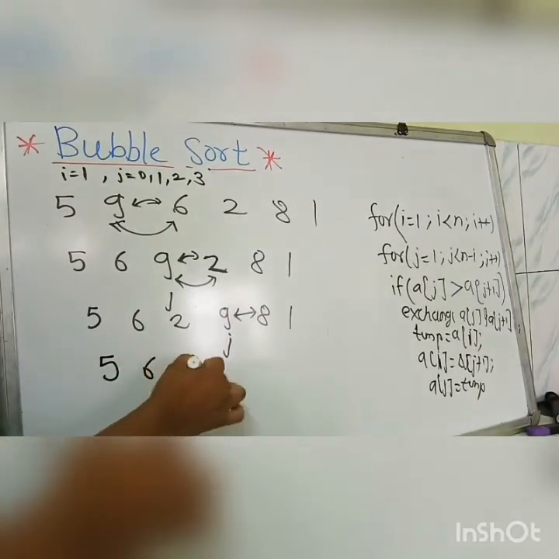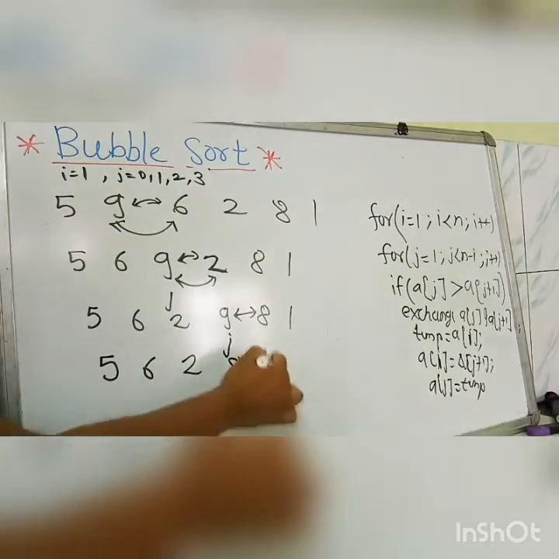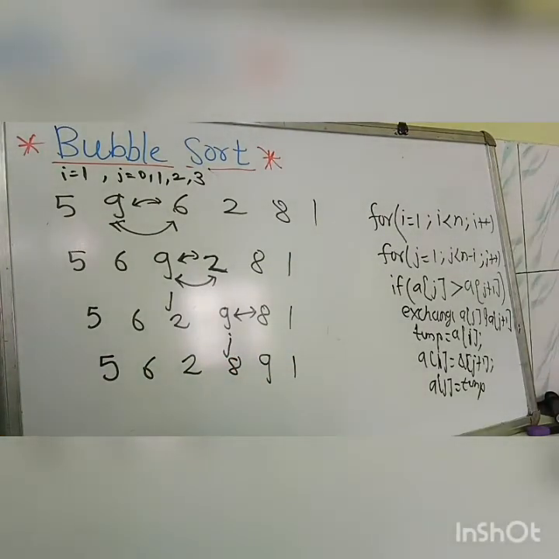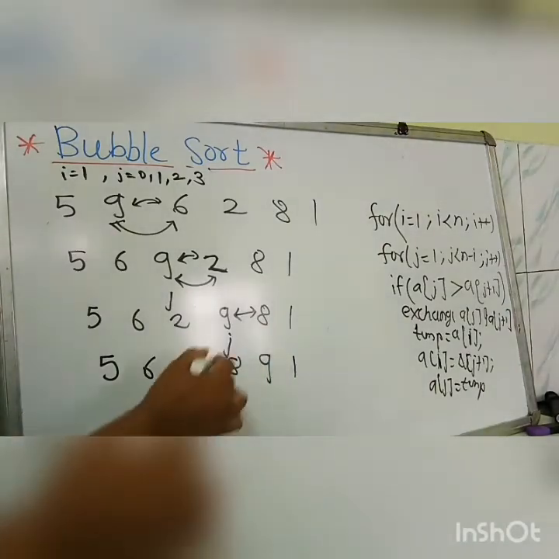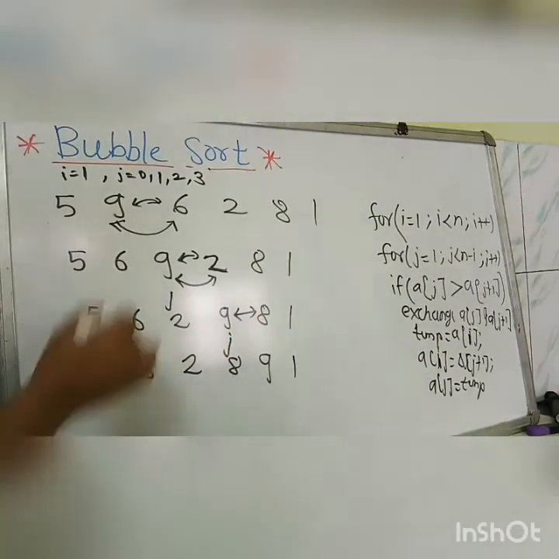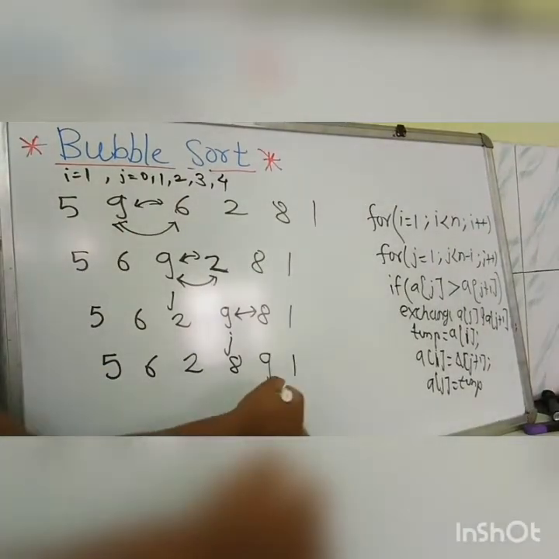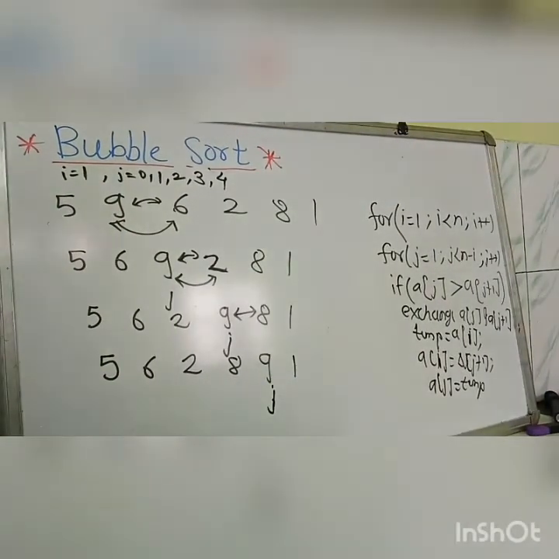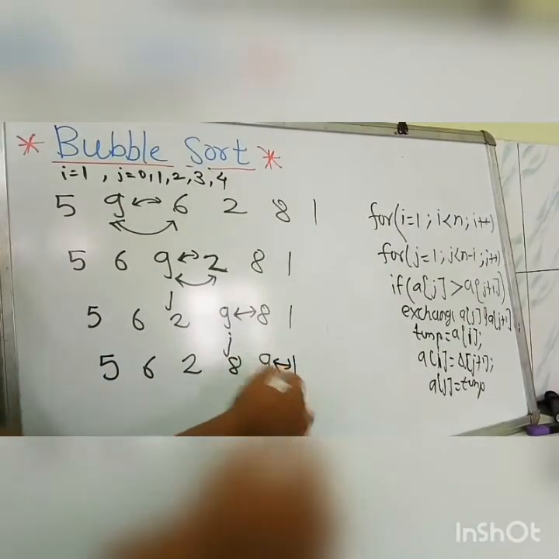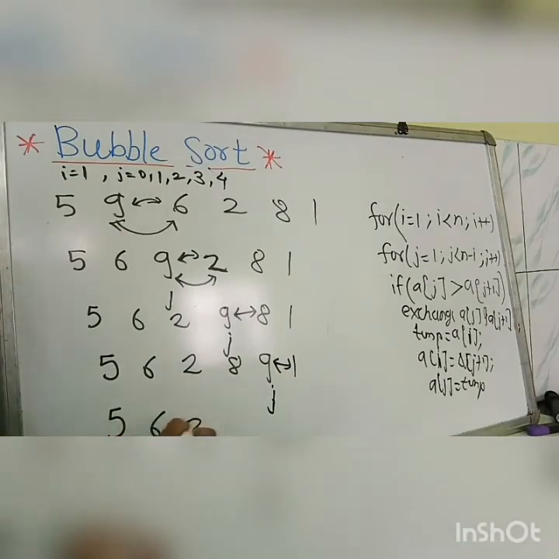So next 5, 6, 2, 8, 9, 1. Now 9 has become greater, so it is going to the last place. Next j becomes 4. In this case, as 9 is greater than 1, we exchange them, means 5, 6, 2, 8, 1, 9, with 9 in the last position.